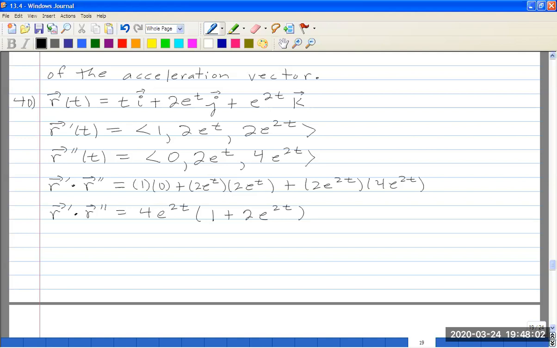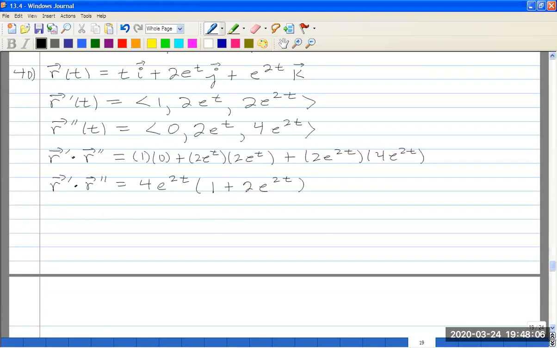And let's look at the square of the speed.